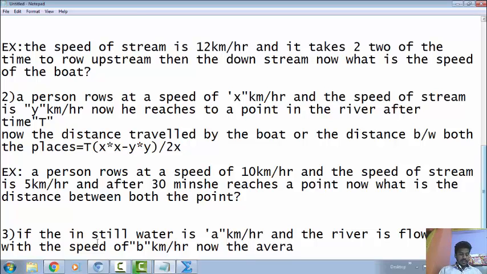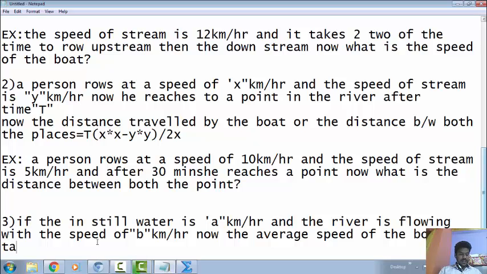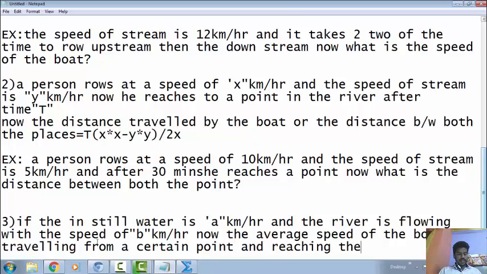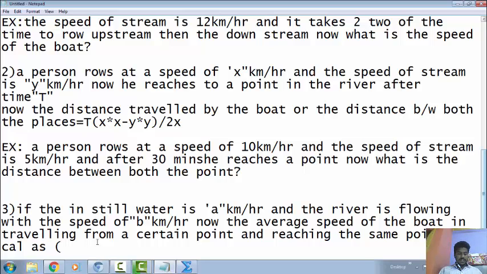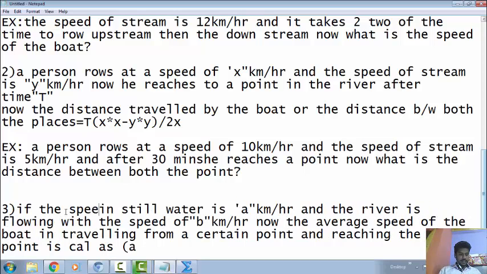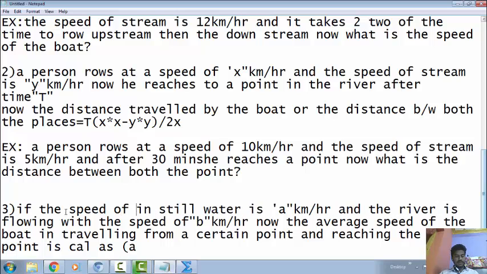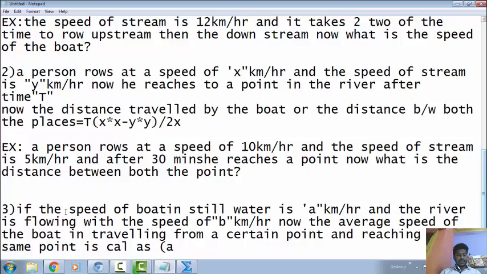Now the average speed of the boat in traveling from a certain point and reaching the same point is calculated as, where a is the speed of the boat in still water, it can be calculated as (a plus b) into (a minus b) divided by a.